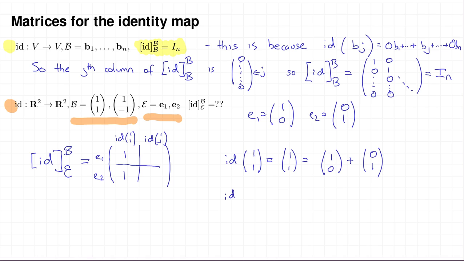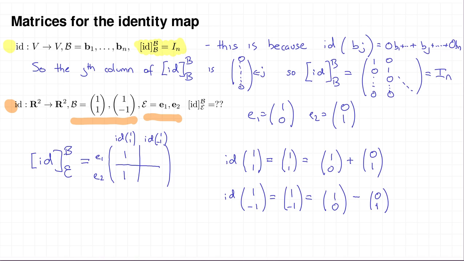And similarly, the second column can be worked out by applying our linear map to the second initial basis element. So I get (1, -1). When you apply the identity, nothing happens, so you get (1, -1). And this is 1 times E1 minus 1 times E2.